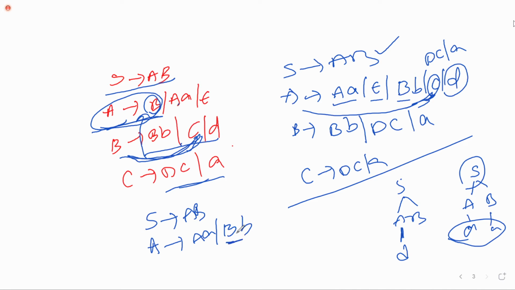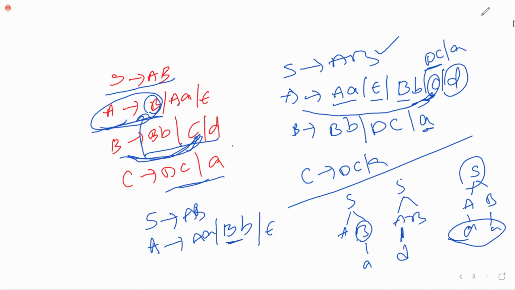Let's check whether B is useful or not. S tends to AB. If you want the final string, B at least has to derive a terminal. Yes, it is deriving the terminal. So B is also a useful symbol. Next epsilon, I wrote as it is. Next, look carefully: DC.